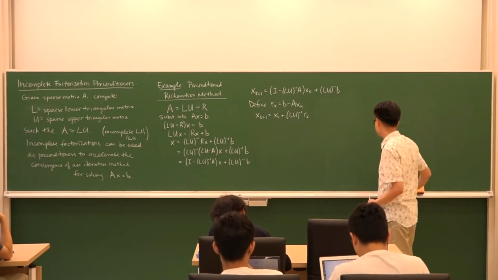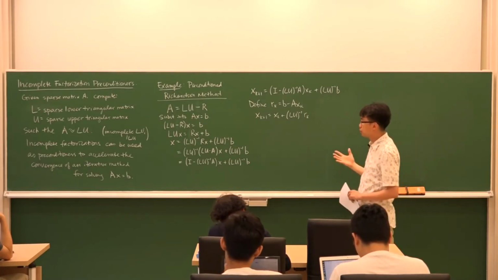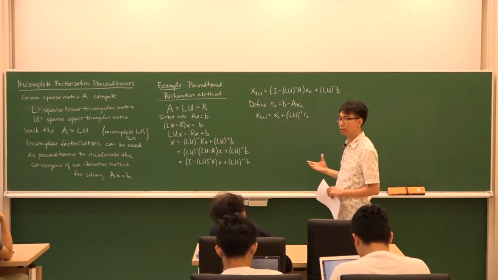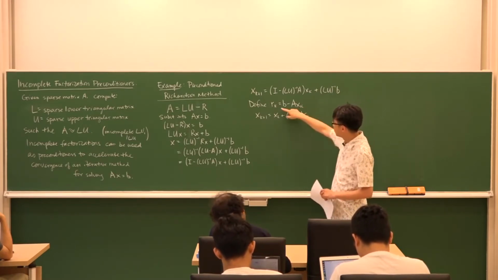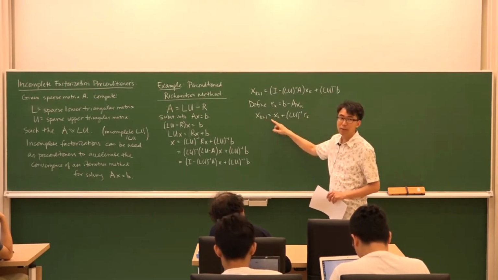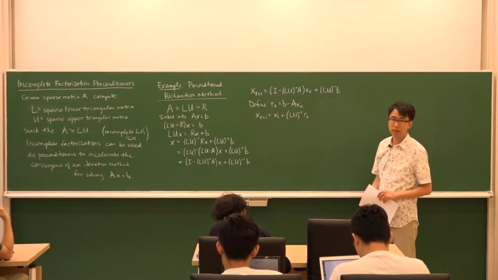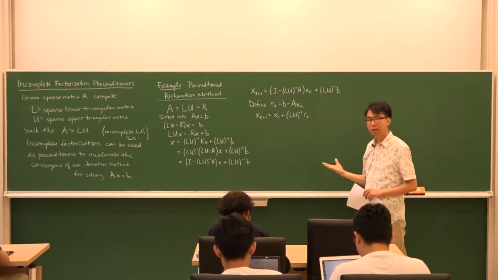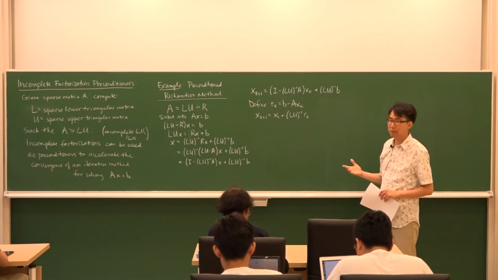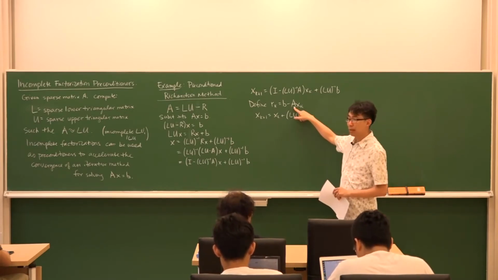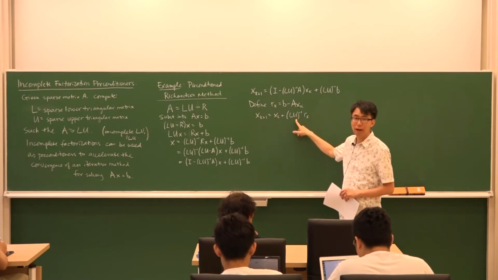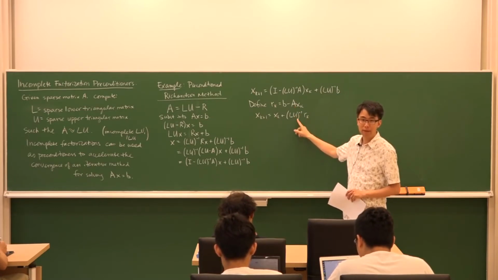So the method consists of starting with an initial guess, taking a number of iterations. Within each iteration, we do two things. We compute the residual, and then we update the current approximation. And importantly, within each iteration, the main computational steps are to multiply by a sparse matrix A and to solve with the L and U factors.